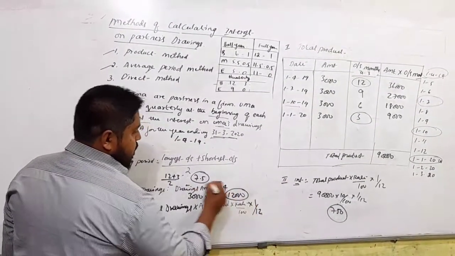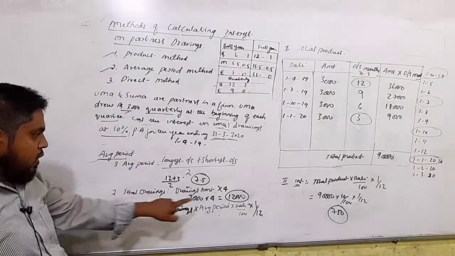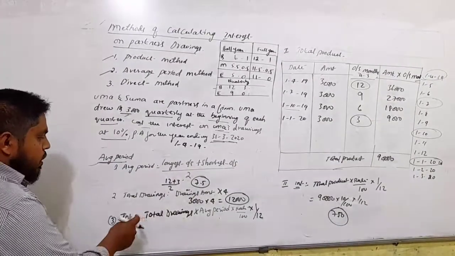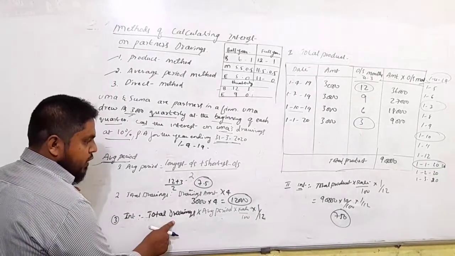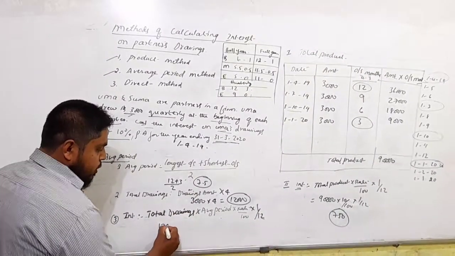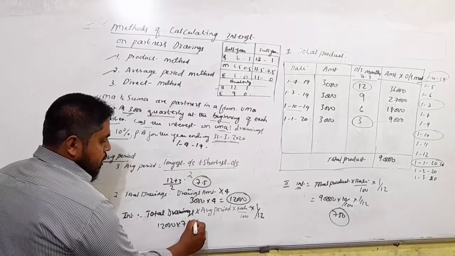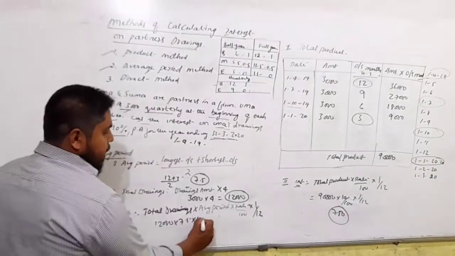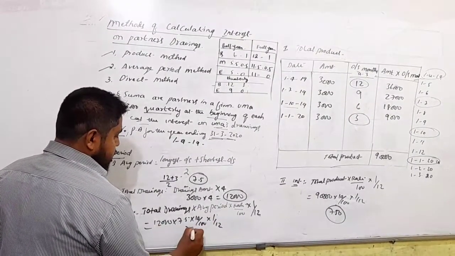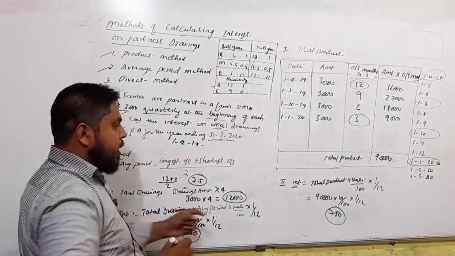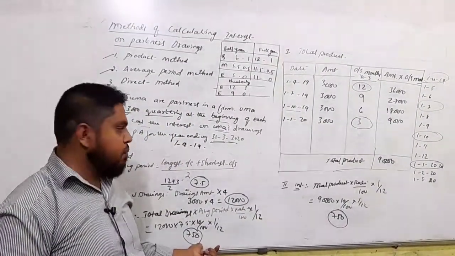So this is total drawings. First step average period, second step total drawings. Now third step, that is interest, you have to find out. Total drawings, how much total drawings? 12,000. Average period is 7.5 into 10/100 into 1/12, 750. So under product and average period method, you got the same answer.